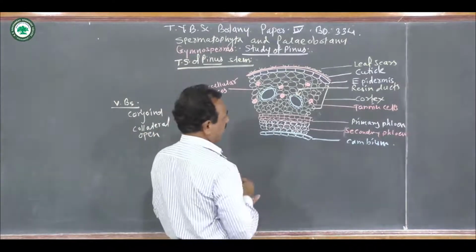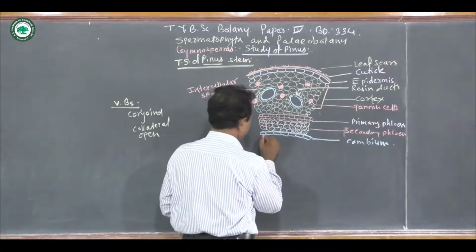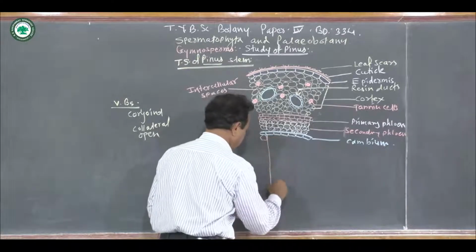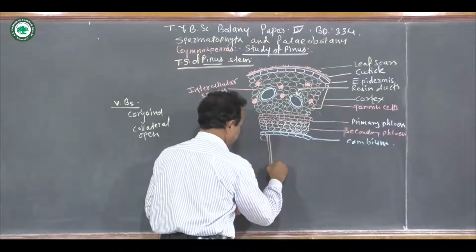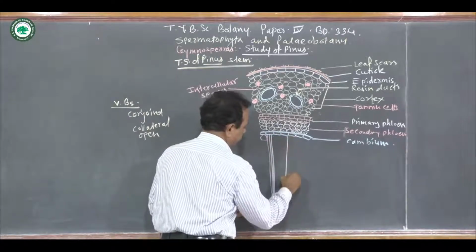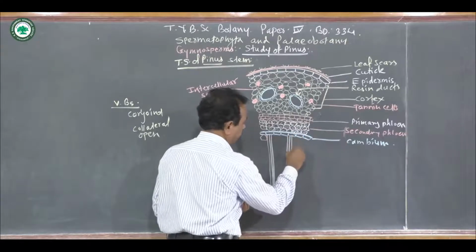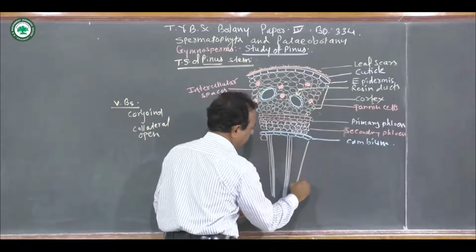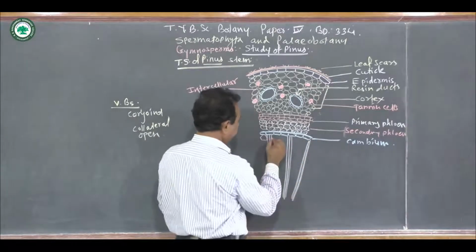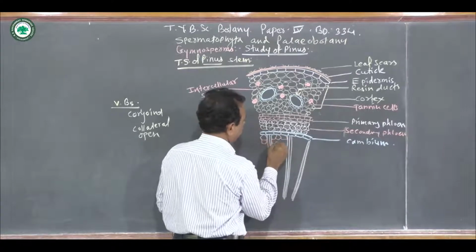Later on this cambium also produces tissue towards the inner side, which shows the presence of the secondary xylem and also the secondary medullary rays. So this is the secondary xylem.